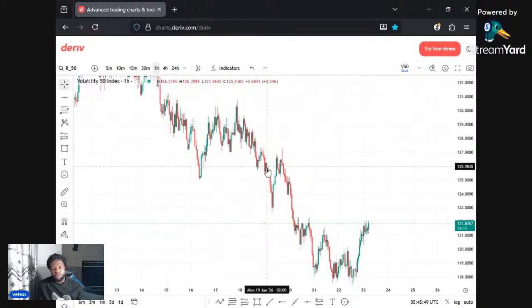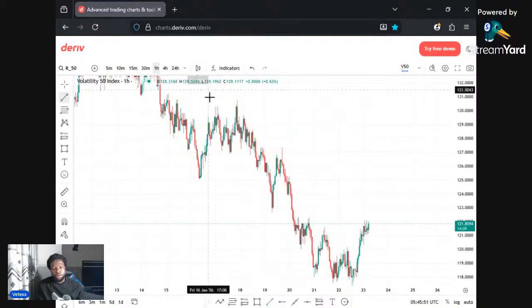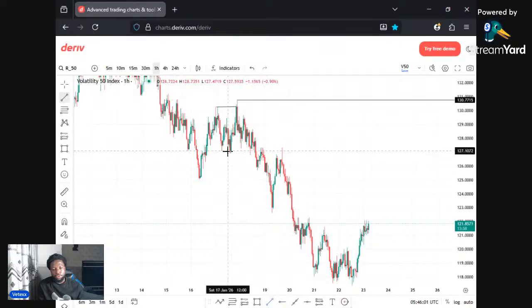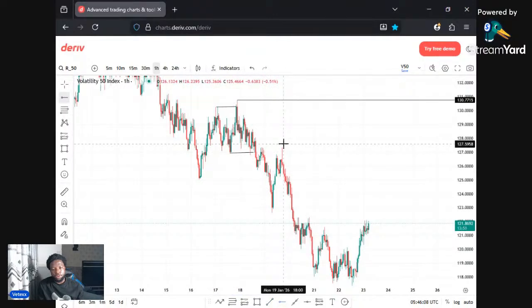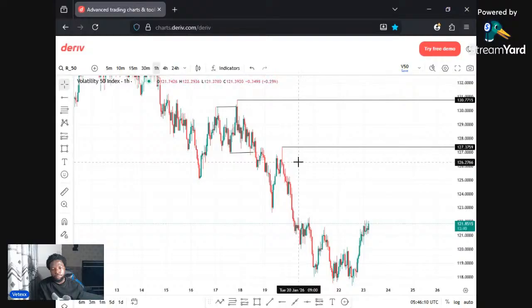Clearly, we have a sweep of liquidity, which is this. We have our protected high. We have our first break of structure, which is this. Price retraced 50% to give us our structural liquidity, which is this, and then price broke the newly created low, giving us our second break of structure.